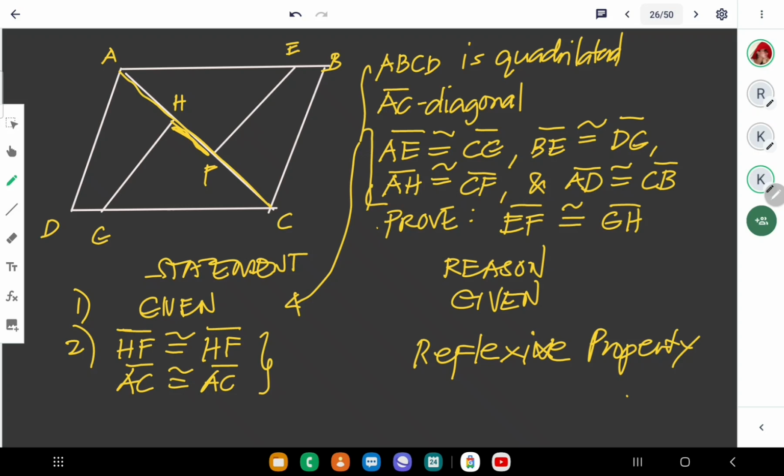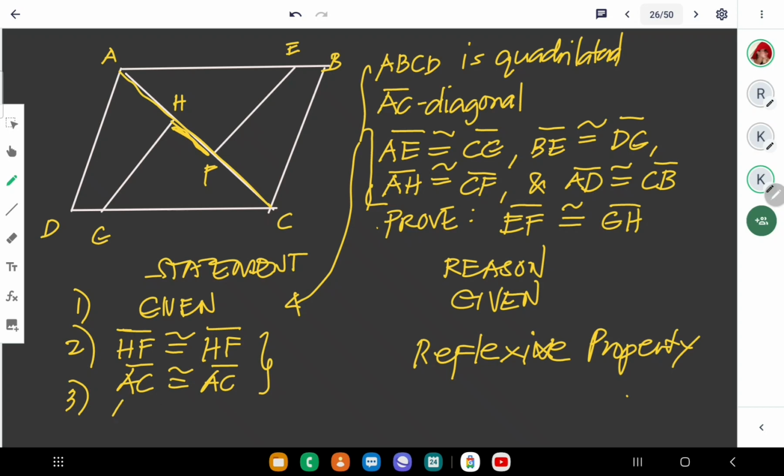And then since they are congruent, we can use segment addition. Still remember the problems we worked on last time where we did segment addition. So since AC is congruent to AC and HF is congruent to HF, therefore we can say that AH plus HF is congruent to CF. Okay, let me just write that.